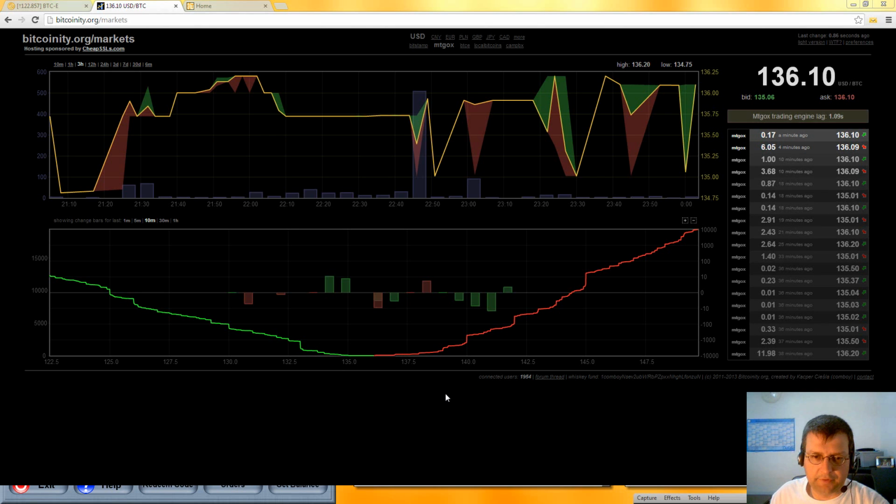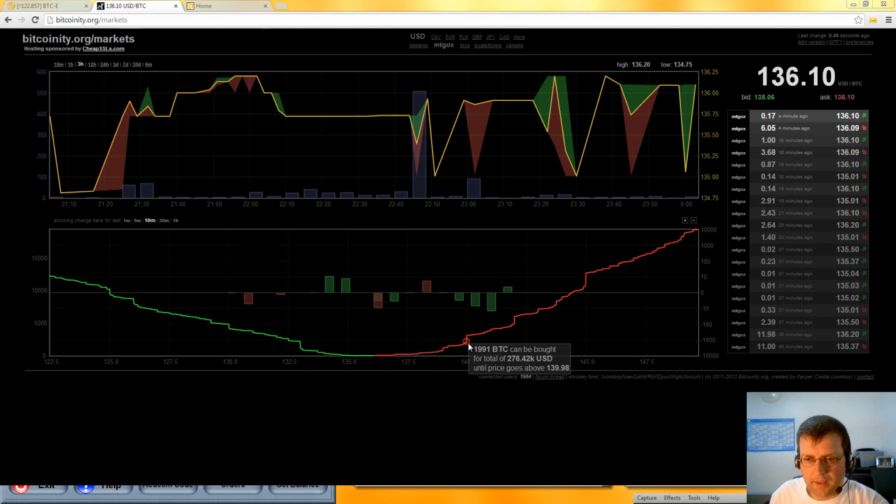Or in the opposite direction, in order to rise until about 140 USD, Bitcoin users, Mt. Gox users have to buy, roughly speaking, about 2,000 BTC.